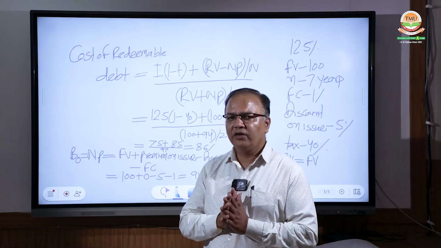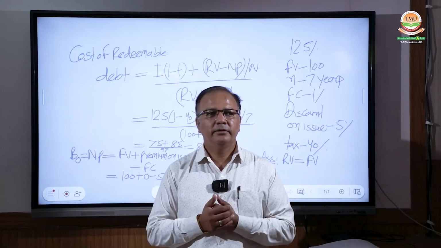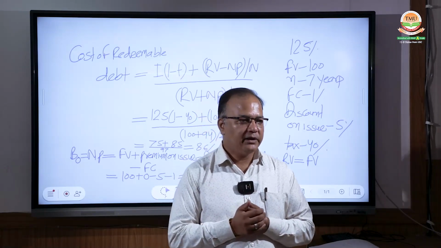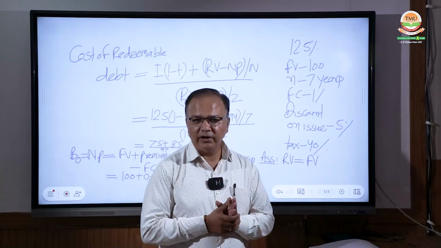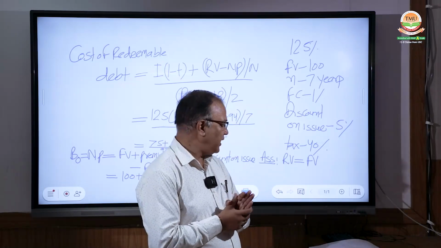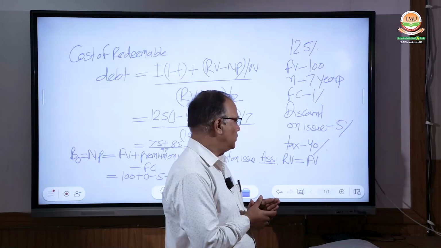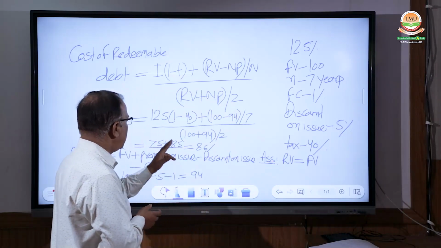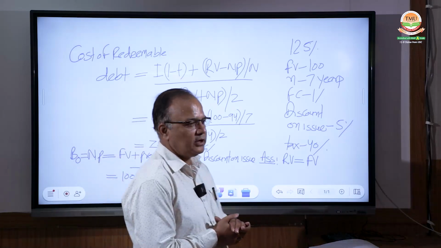Redemption value was not given in the question, and I explained that whenever redemption value is not given in the question, you have to assume that redemption value is equal to the face value. So I write down 100 minus net proceed.